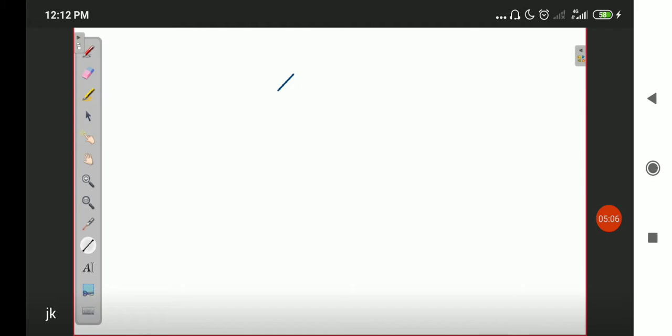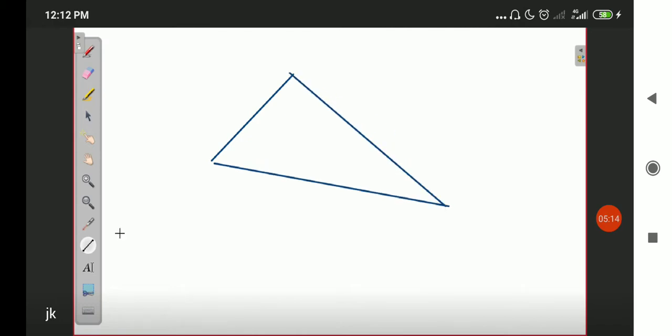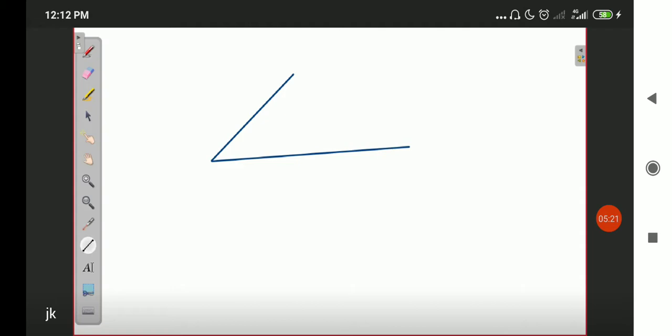Suppose this is a triangle, and as you can see, it is a scalene triangle. Okay, let me make it more correctly. This one is a scalene triangle.